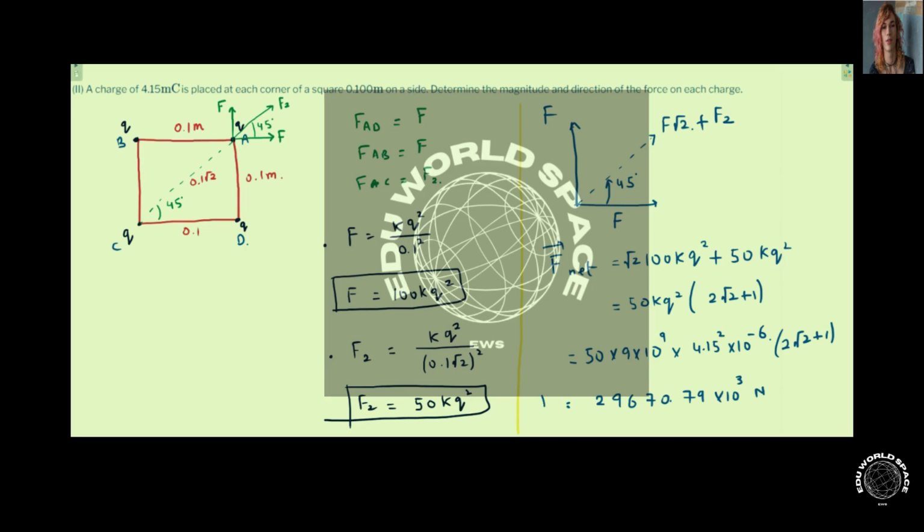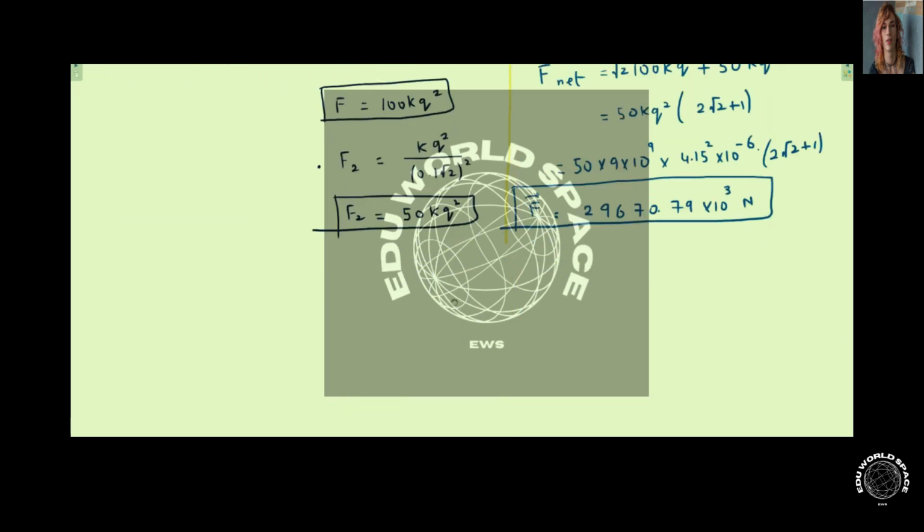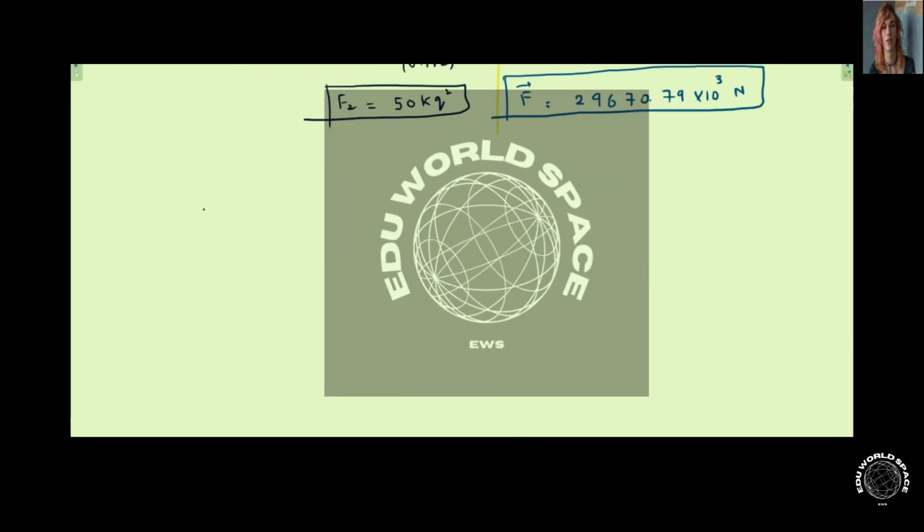So this is the required magnitude of the force for all the charges, but the direction is going to change. So I'm going to point the directions in this new figure. If this is how the square looks, then F net on this charge is over here, at an angle of 45 degrees.